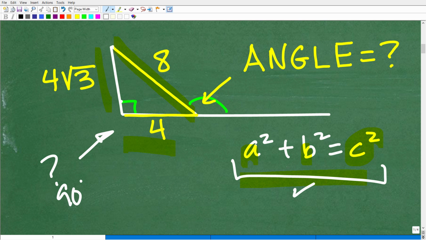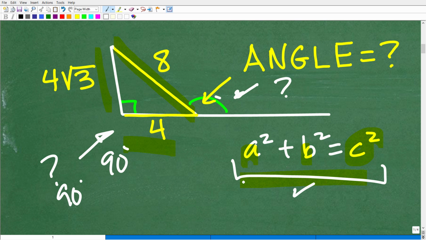Now, if this is a 90-degree triangle, and it is, then finding this angle right here, that's a whole different discussion. So let's just suppose right now that this is a 90-degree angle. Well, again, we still have this problem of figuring out what's the angle over here. Well, there's two approaches to this.